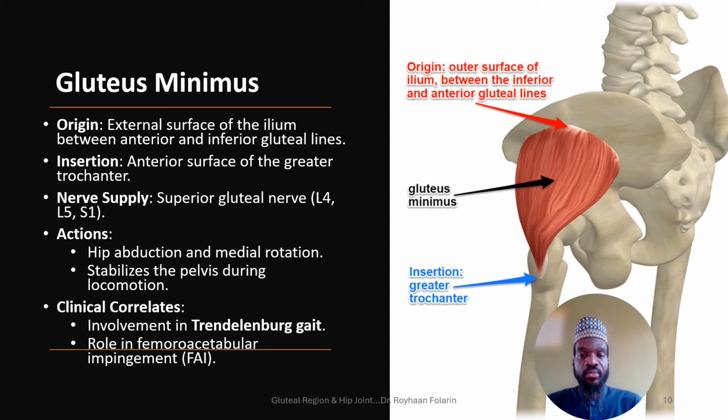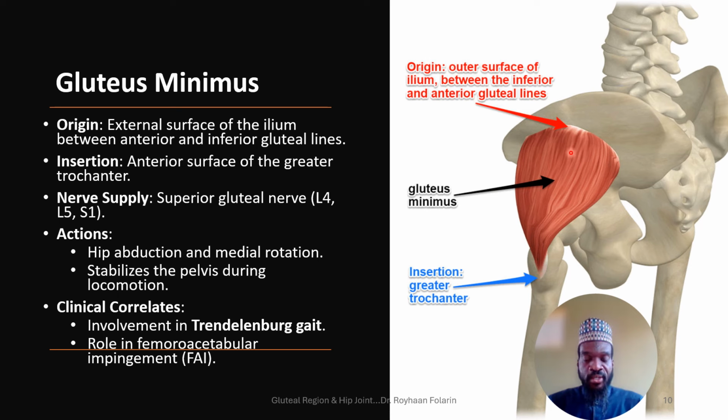Like the gluteus medius, the gluteus minimus also plays a role in the abduction of the hip and in the stabilization of the hip joint. The muscle originates from the external surface of the ilium, as you can see here, between the anterior and inferior gluteal lines, and then it inserts on the anterior surface of the greater trochanter.